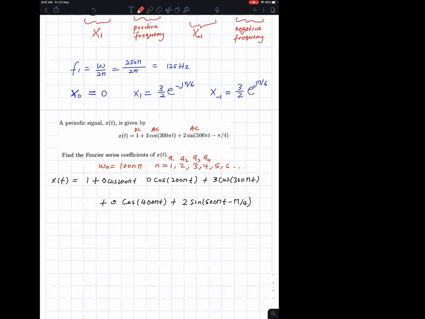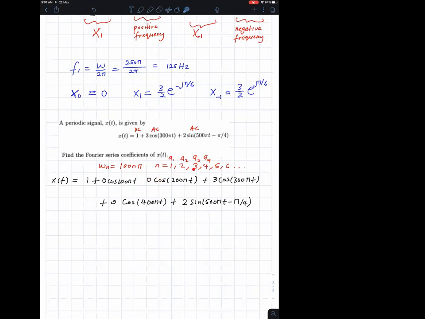When n equals 1, omega 1 is going to be 100 pi, right? 100 pi, there's no component. When n equals 2, omega 2 is 200 pi, and there's no component. Therefore, there's no coefficient.